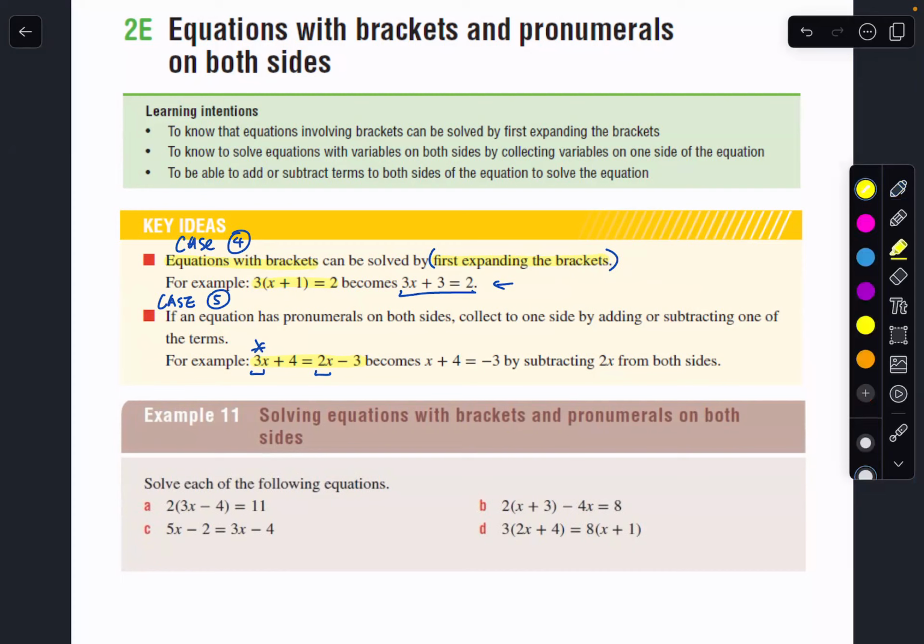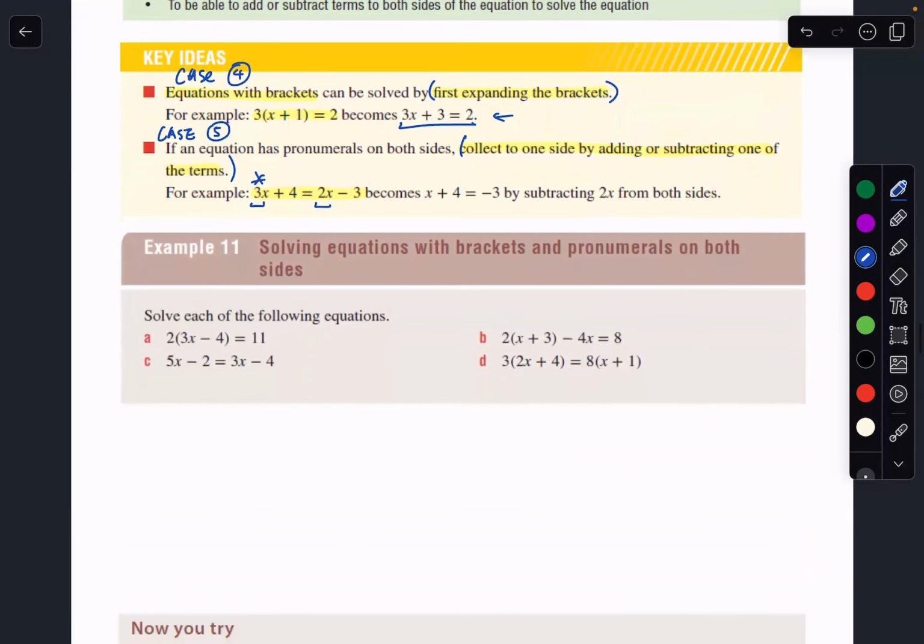To solve this one, we're going to collect all the x on one side and then collect all the numbers on the other side by adding or subtracting a term. Later I'm going to show you how to do it, but the key idea is we move x to one side and the number to the other side.